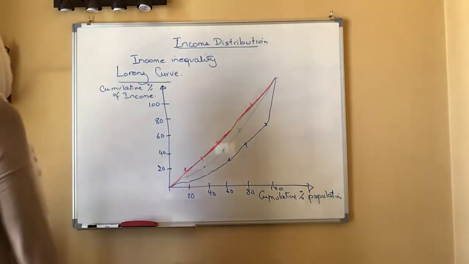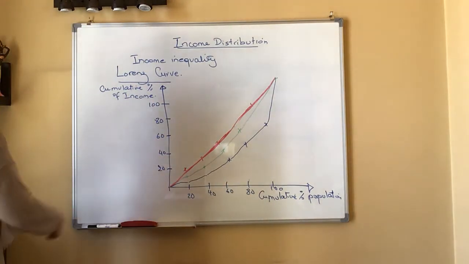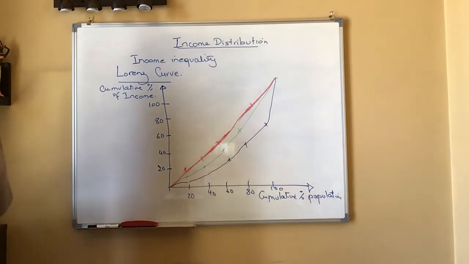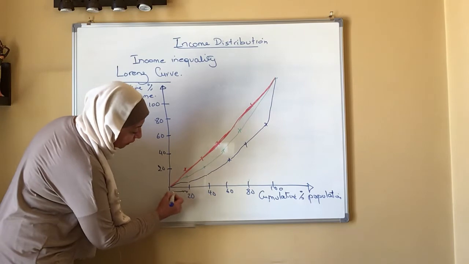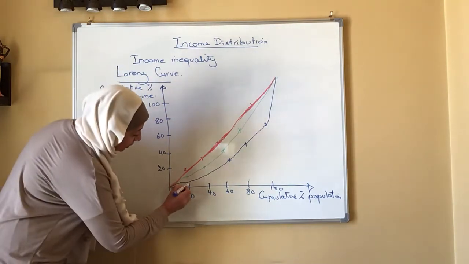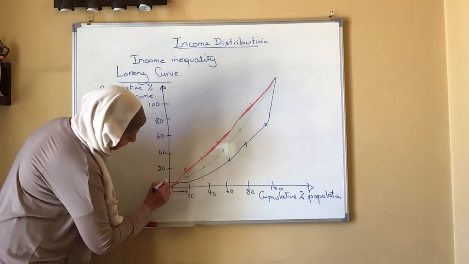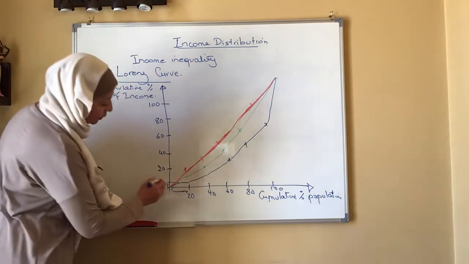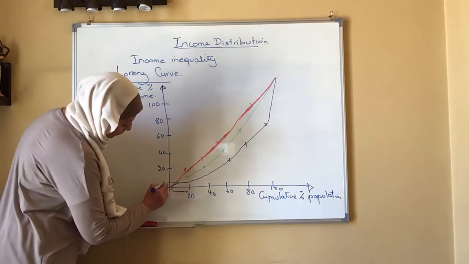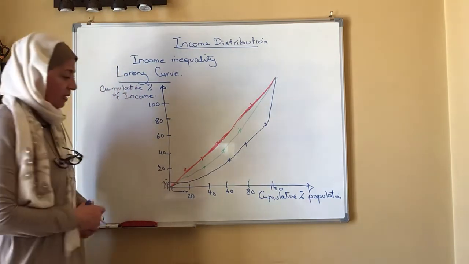How do we read these graphs? The first one, the blue one. Now, the first 20% of the population receive less than half of the 20, which is, let's say, 9% of the income.